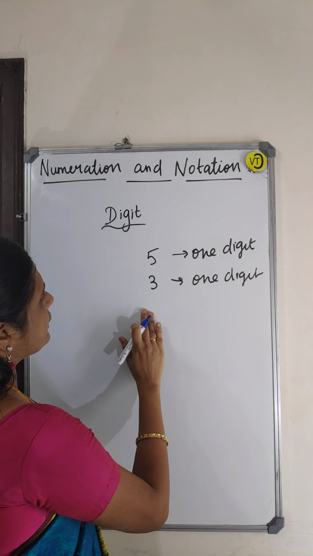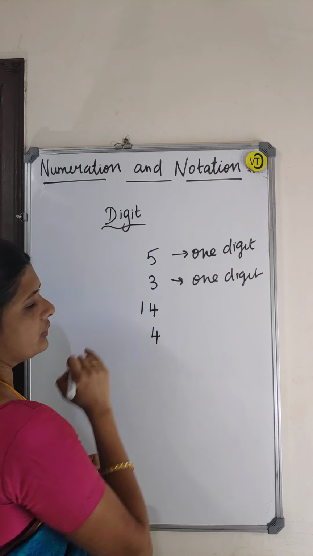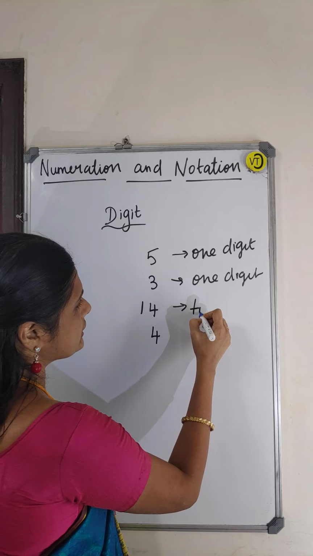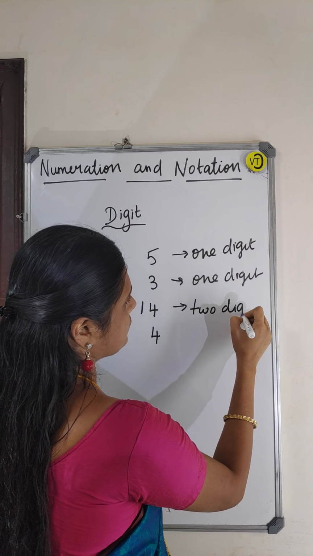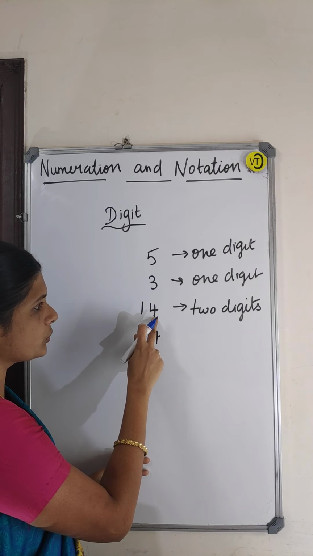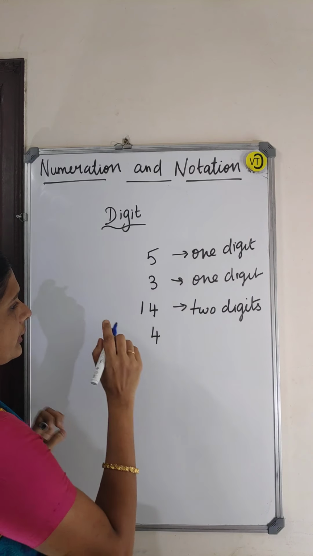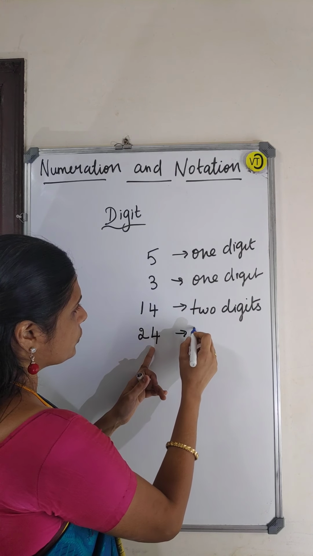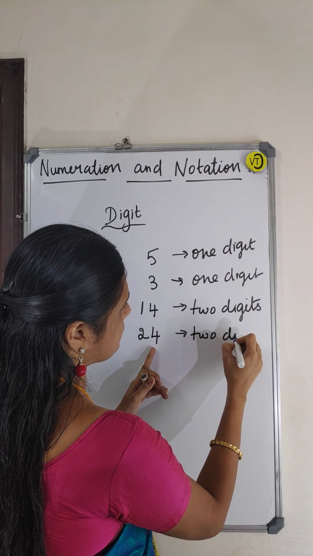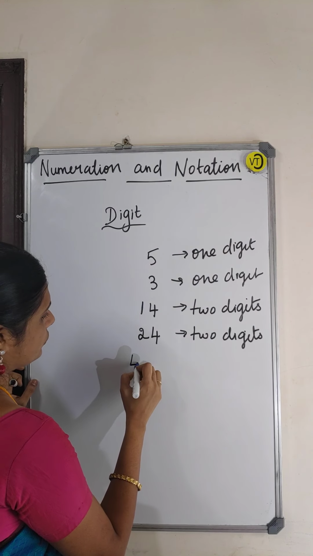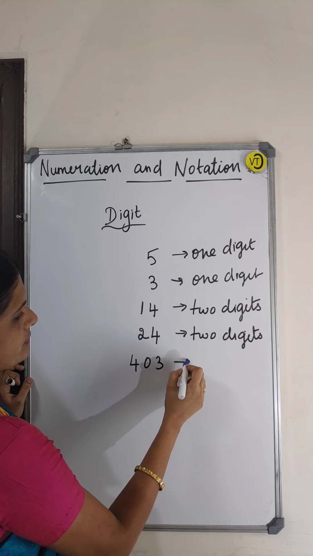Now I am writing 14. 14 in sense, how many digits are there? 2 digits. 1, 2. 2 digits here. Right. This is again 24. How many digits are there? 2 digits. Now 403.